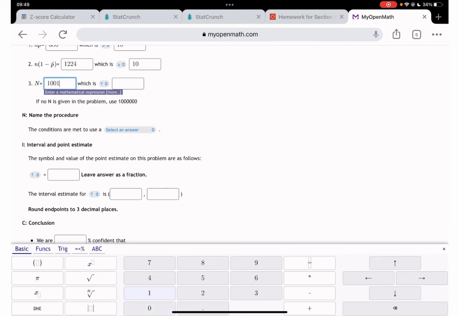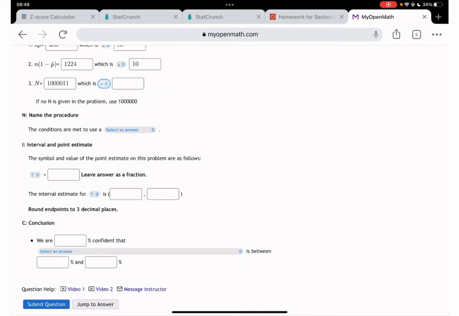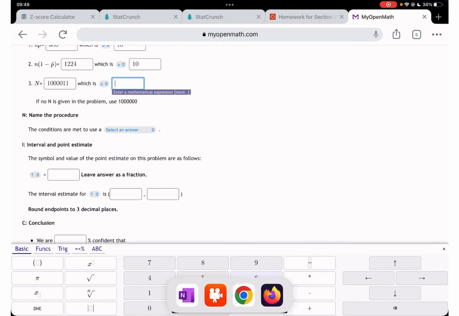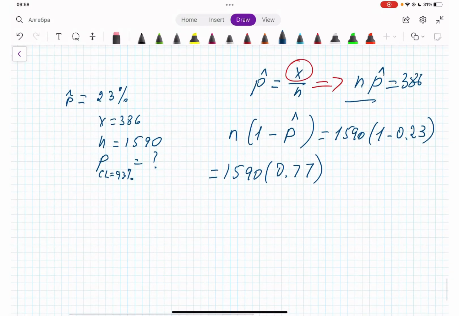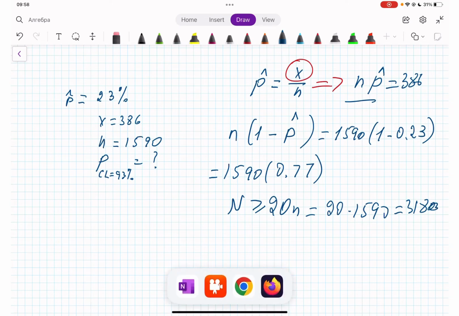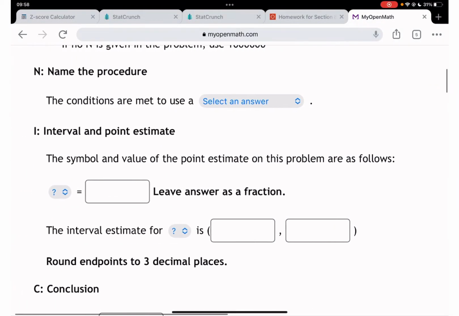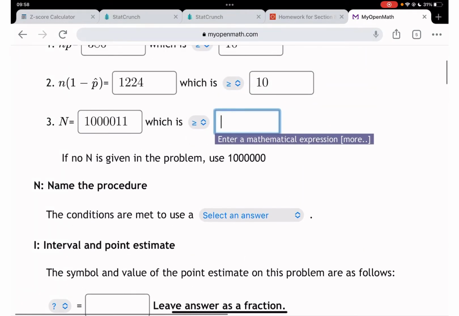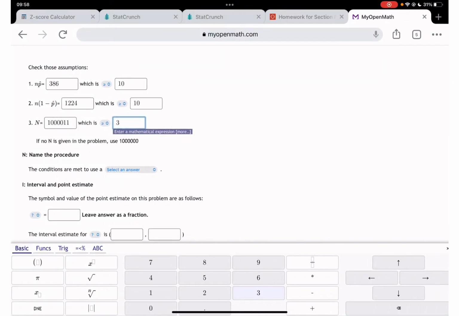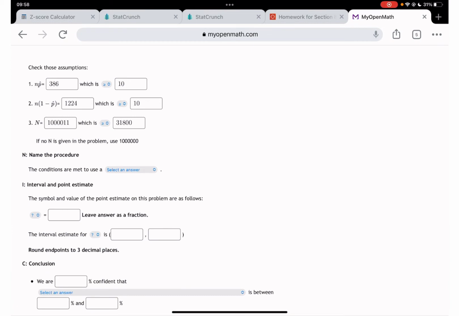It has to be greater than or equal to 20 times n, so 20 times 1590, which is 31,800.